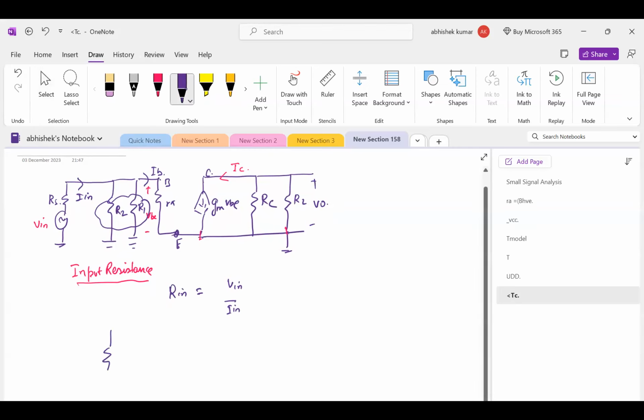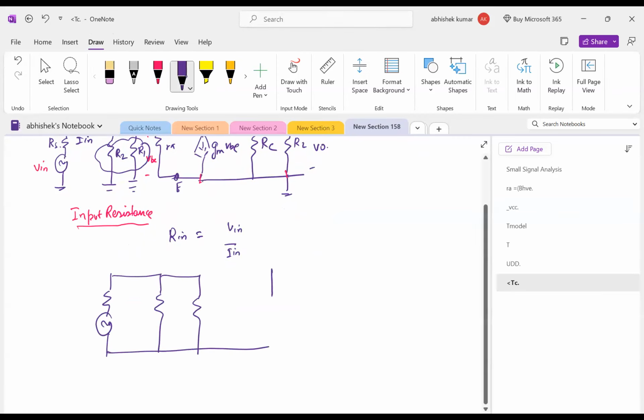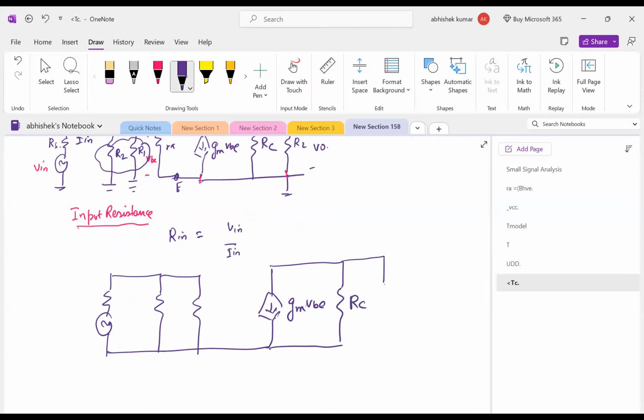So what I'm doing at the input side, I'm just replacing it. This I am taking as some R, okay, RB.